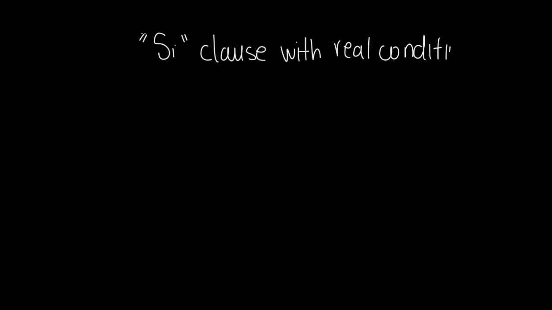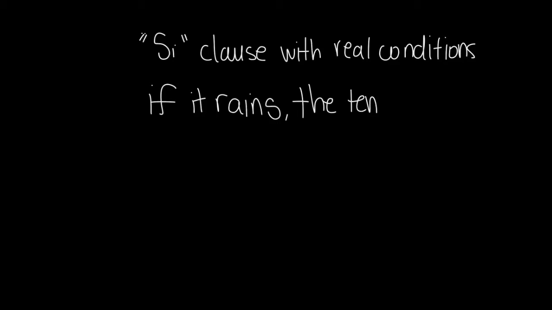So be careful not to get confused with the if clause that we have been working on all this year, where this if clause depends on a real condition. So for example, if it rains, the tennis match will be canceled.